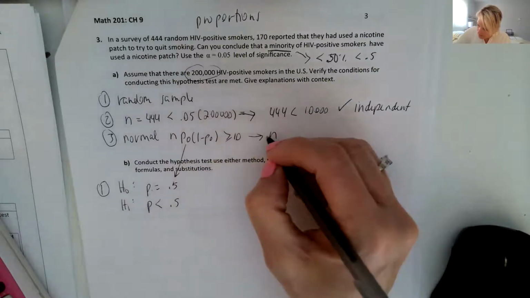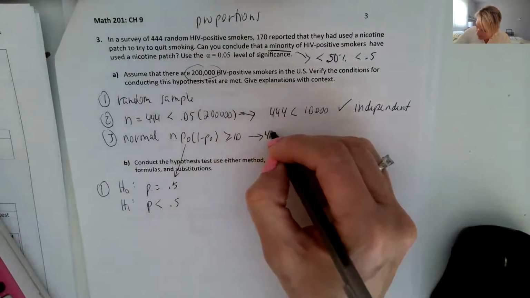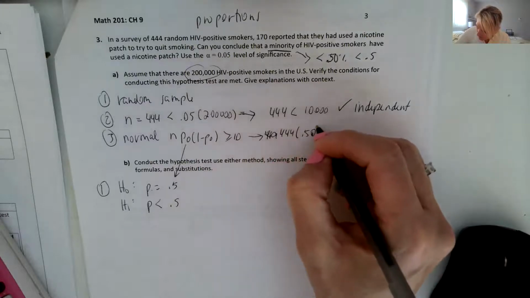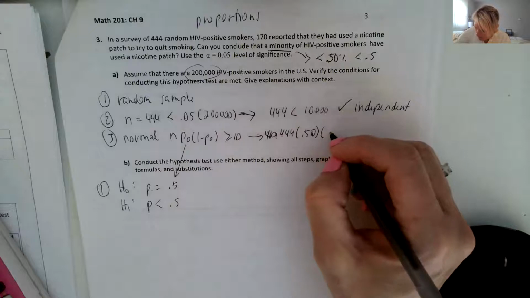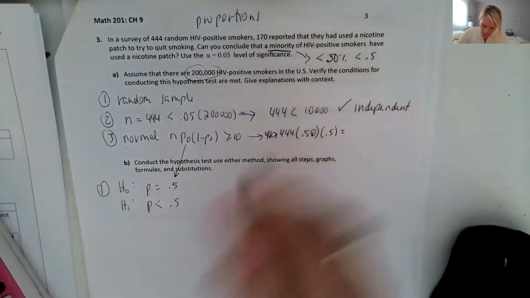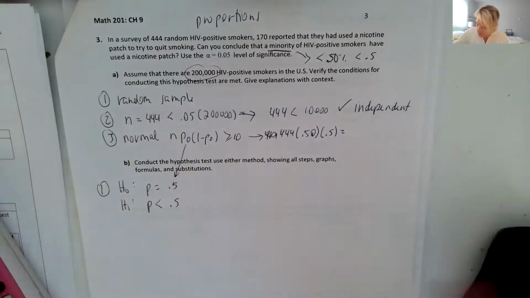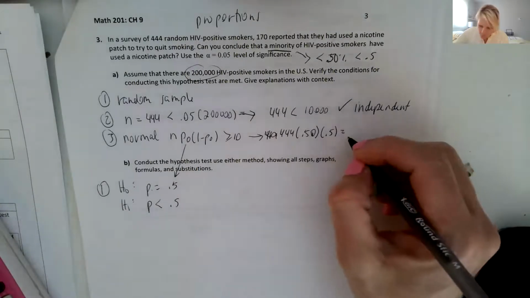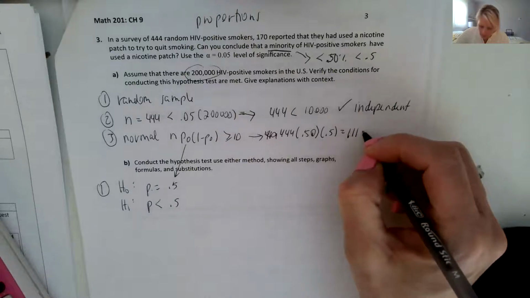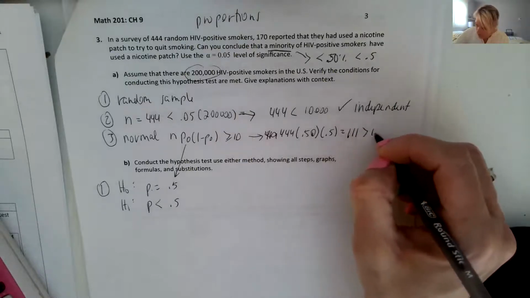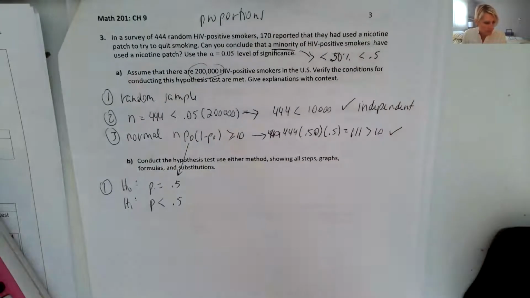So N is 444 times P0, which is 0.5, times 1 minus P0, which is 0.5. So 0.5 times 0.5 times 444 is 111, which is definitely bigger than 10, so we're good to go. Okay.